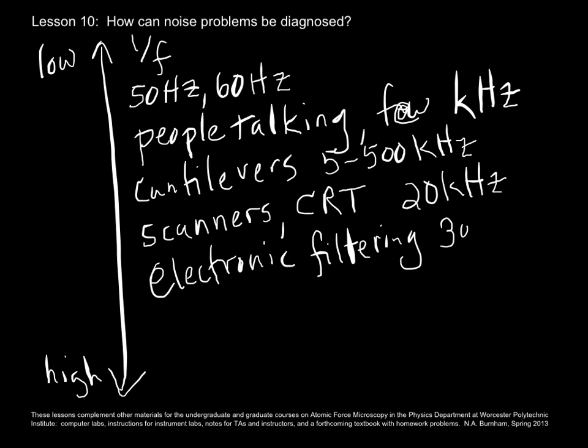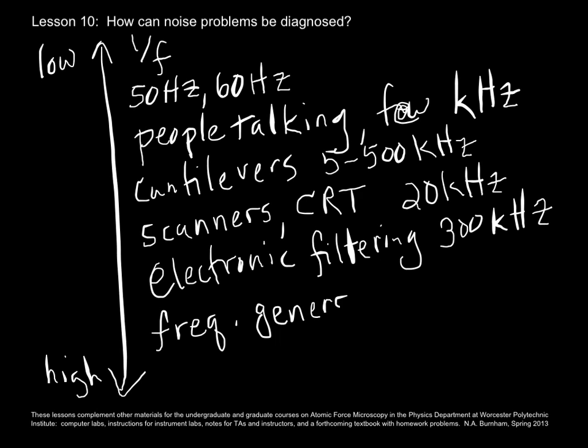That was at 300 kilohertz. And that very strong spike you saw 2 slides ago is from a frequency generator, such that when you're tuning a cantilever, you need to do a frequency sweep, and that was at about 700 kilohertz.